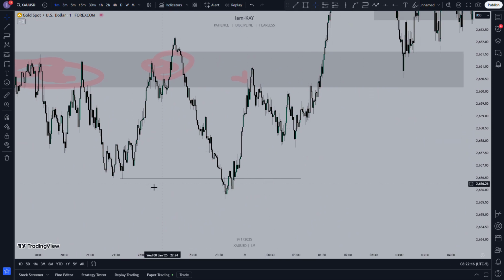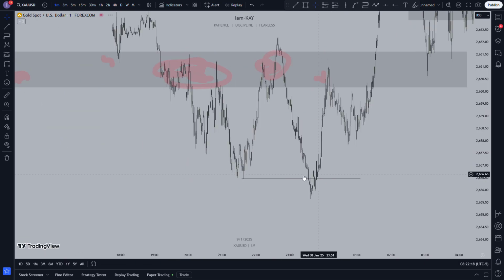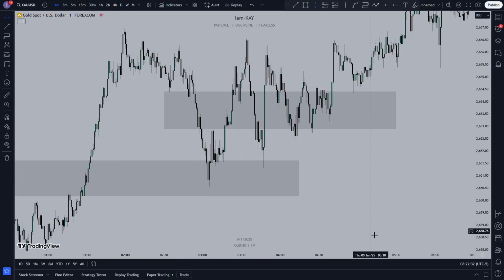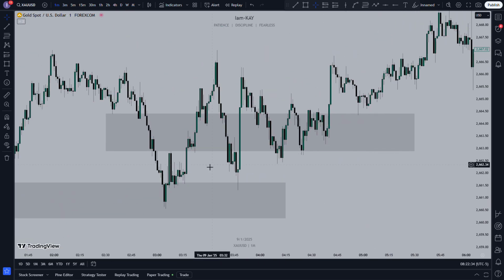And if we don't see this happening, what we're going to do is look for entries below, liquidity and structure entries. Yeah, not entries, entry. So now price closed above this area, breaking structure in the 1 minute time frame.